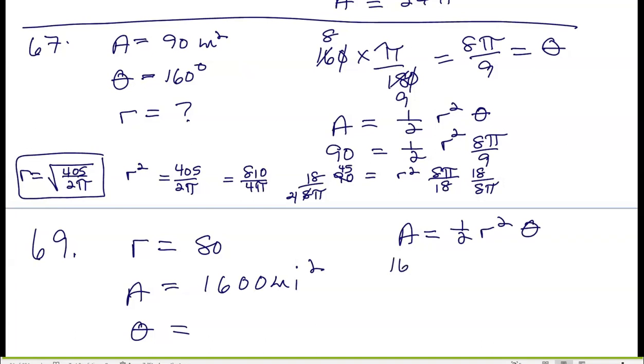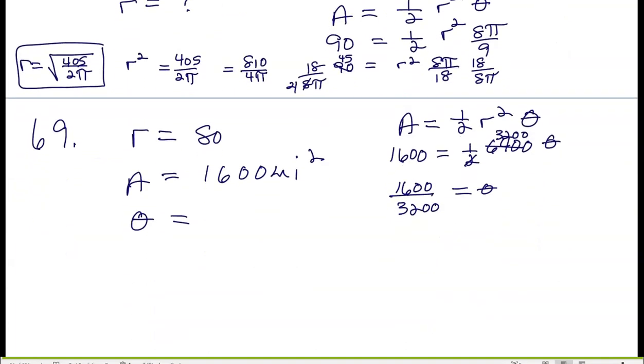They gave me area. If I take my 80 and I square it, so 80 squared is going to be 6400 times 1/2, which is 3200 times theta. I have 1600 divided by 3200. And I believe that that is 1/2. So 1/2 radians equals my theta.